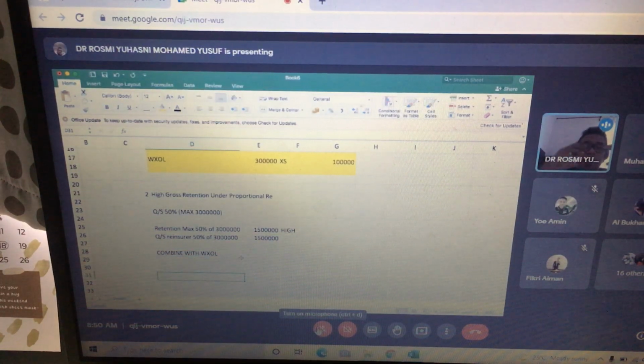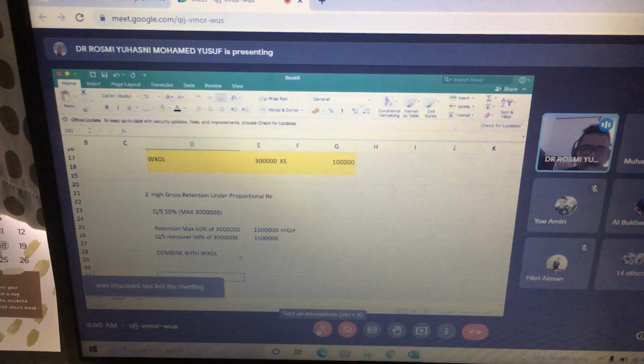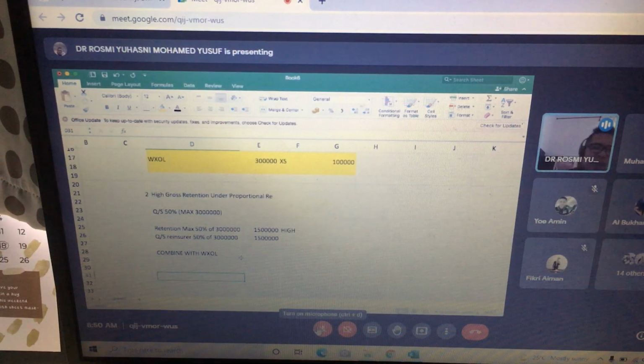So the amount which will become the reference when the insurer wants to structure their working excess of loss reinsurance program, the amount that they have to focus on is this 1.5 million.